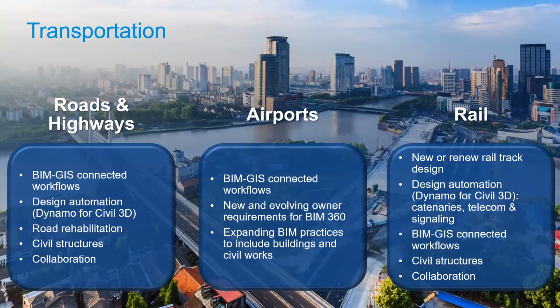With respect to the various Autodesk tools that we are focusing on today, we are looking at the improvement with the BIM and GIS integration, also the introduction of Dynamo for Civil 3D, which allows design automation within Civil 3D, road rehabilitation, civil structures, collaboration, and what have you, amongst the different improvements and integration within the Civil 3D and Infraworks platforms.